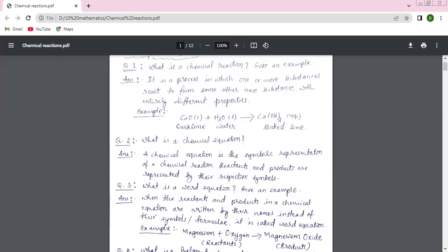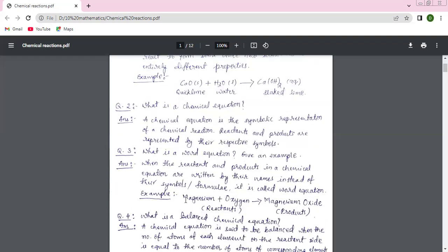What is the difference between this equation and this equation? In this equation, the reactants are represented by their chemical formula, but here the reactants and products are not represented by their chemical formula. They are written using their names.